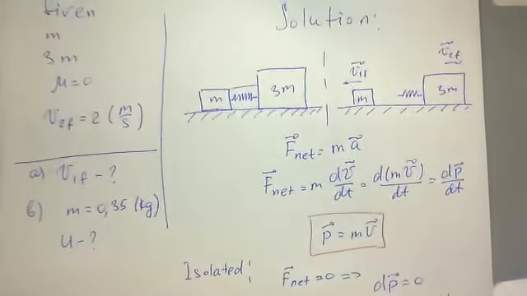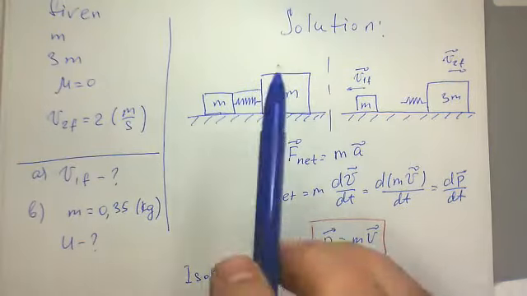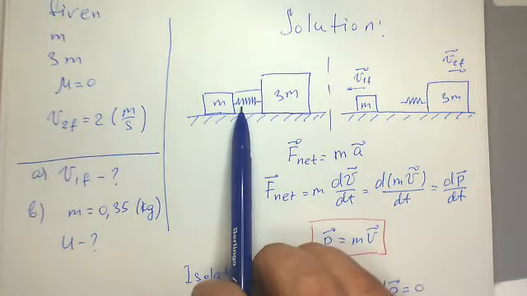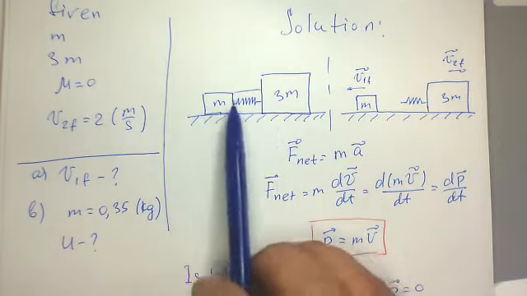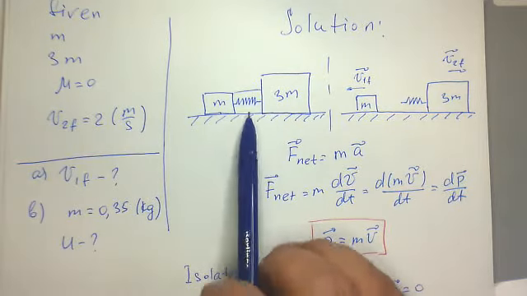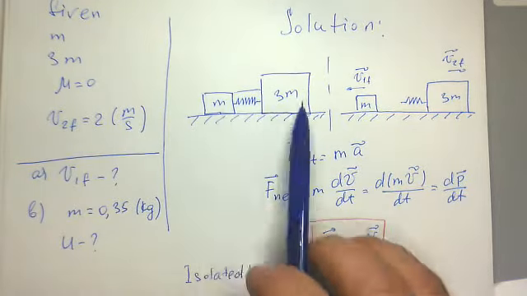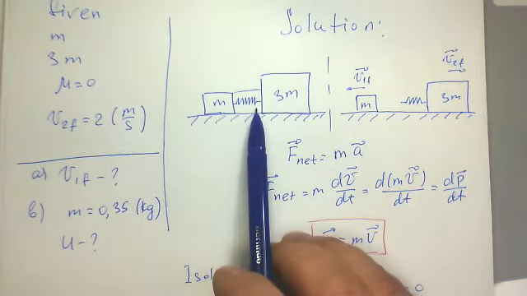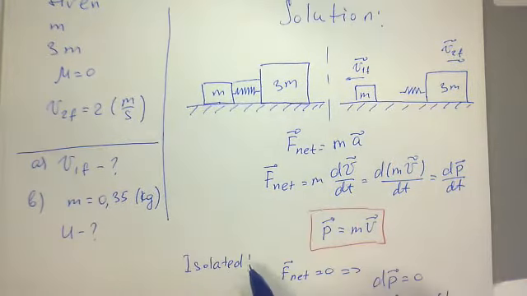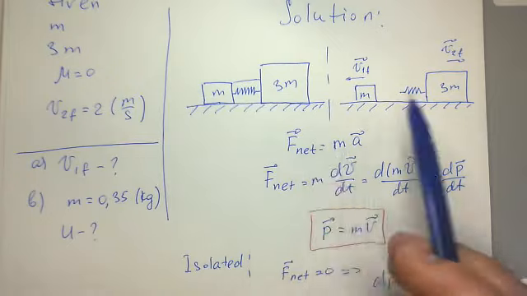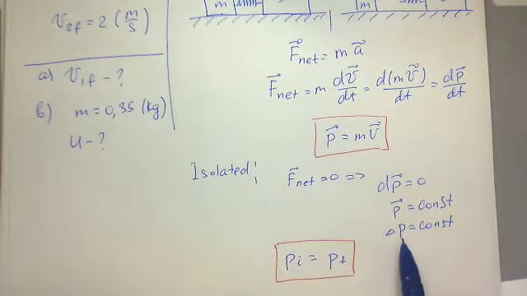Now let's look at this problem. Let's assume that the system consists of the two objects and the spring. In that case, there is no external agent acting on the system, which means that the system is isolated. So if so, then the momentum of the system should be conserved.